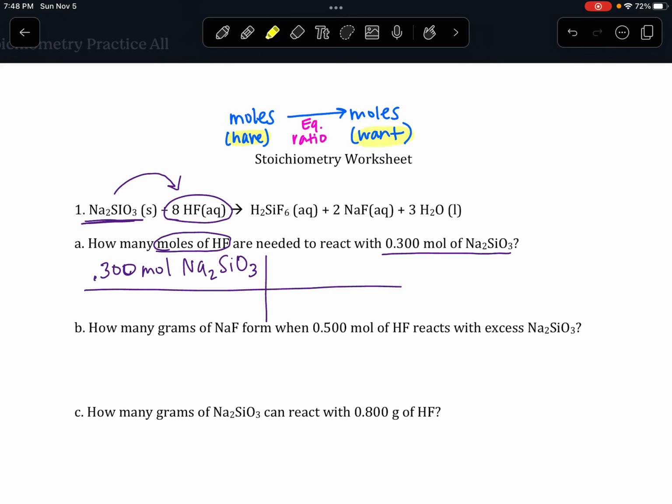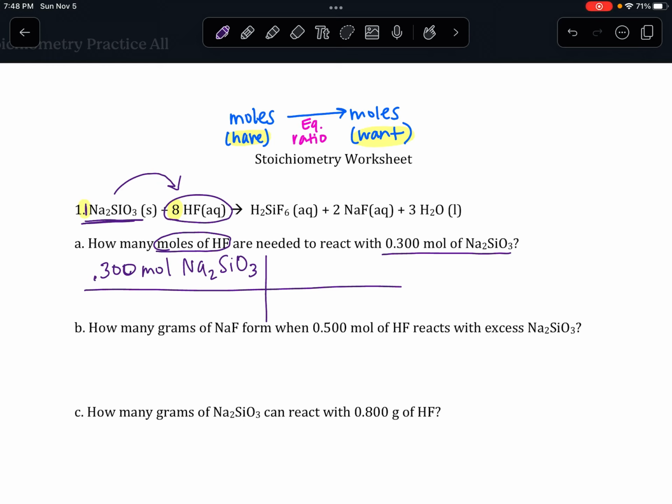And when we're in moles, we can just use our balanced equation and our mole ratio. For this equation, I know there's an invisible 1 there, so I have 1 sodium silicate for every 8 HF, hydrofluoric acid. So I can use that ratio in my calculation.